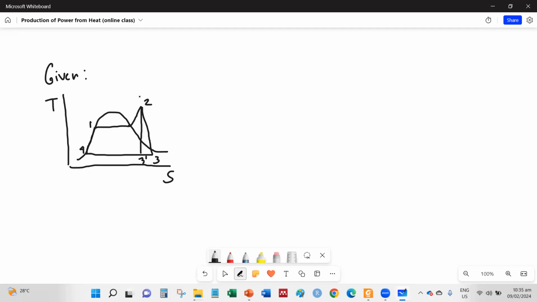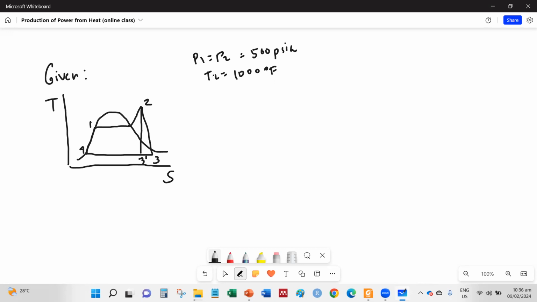So we know that P1 equal to P2 equal to 500 psia, and it's superheated to T2 equal to 1000 degrees Fahrenheit. What else is given?